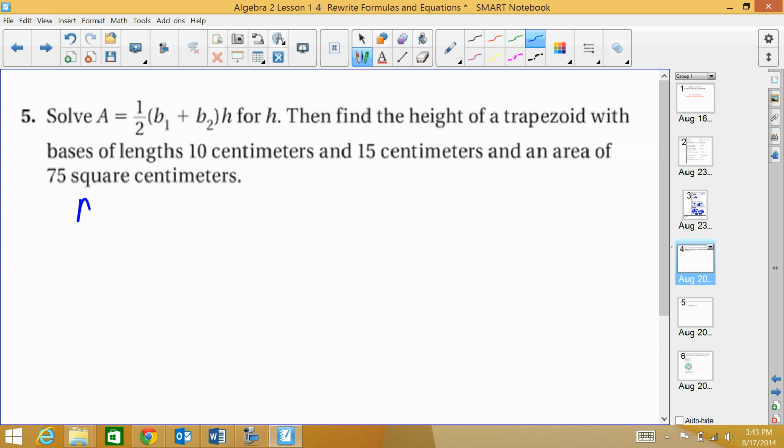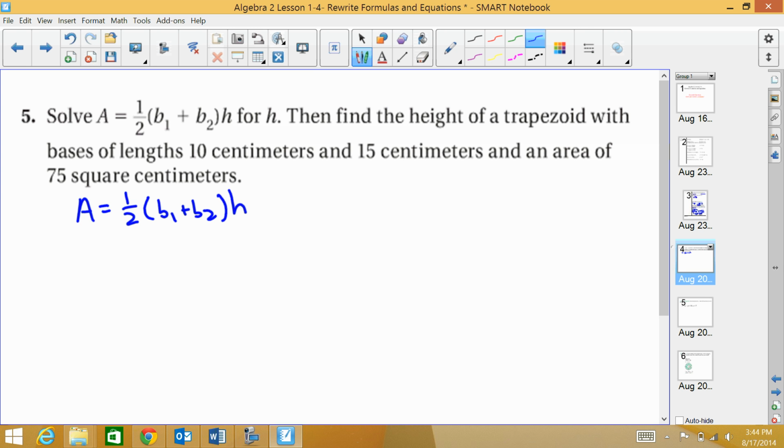So I'm going to rewrite the problem first. We need to get h by itself. So that means we need to get rid of the 1/2 and we need to get rid of base 1 plus base 2. Now since base 1 plus base 2 is in parentheses, it's kind of like a grouped package. You cannot separate them. So we're going to count that as one whole thing.